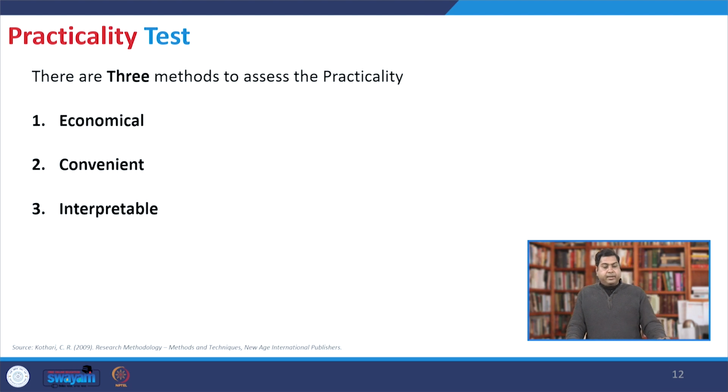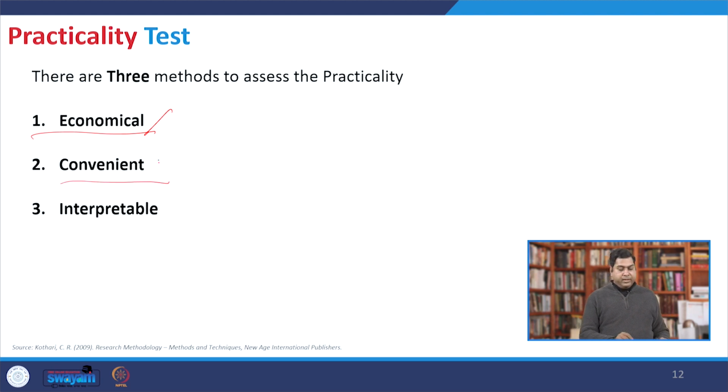Now for the practicality test, definitely we have to look at the economical perspective: within that budget, what bare minimum information do I need for my research, and what should be the measurement scale. It should not be so complex that it takes more time and cost to extract the information.